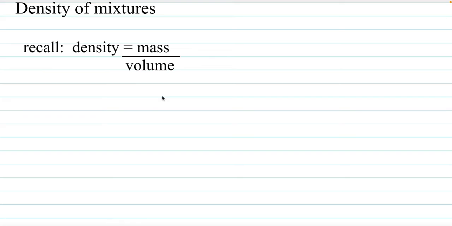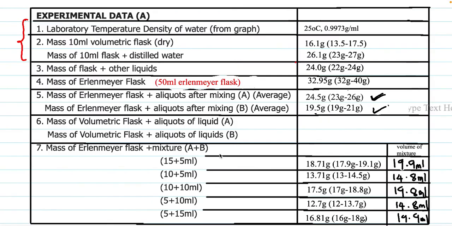For the first mixture, remember, we've gotten the mass of the first mixture. The content is 18.71 grams, which I said if you have anything within the value of 17.9 to 19.1, you'll be very correct. And the volume of this mixture is 19.9.